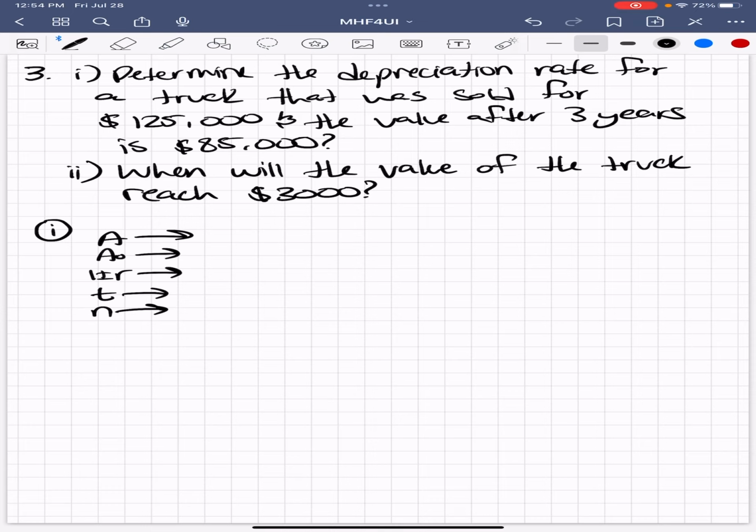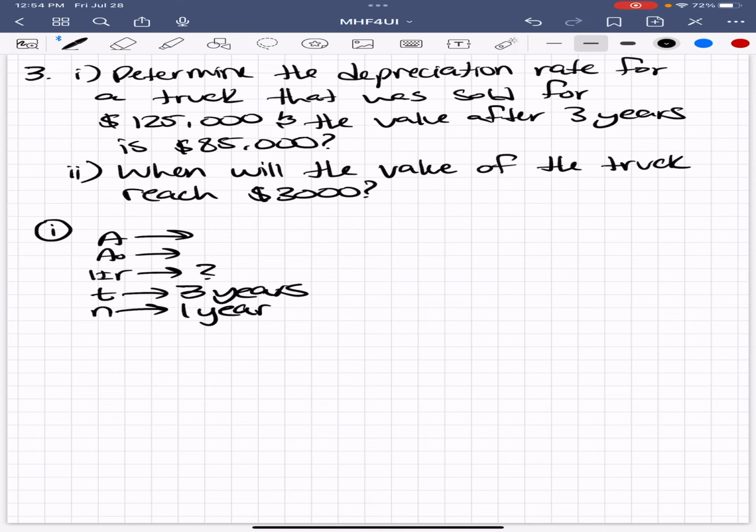So our depreciation rate time is going to be 1 year. The time passed has been 3 years.